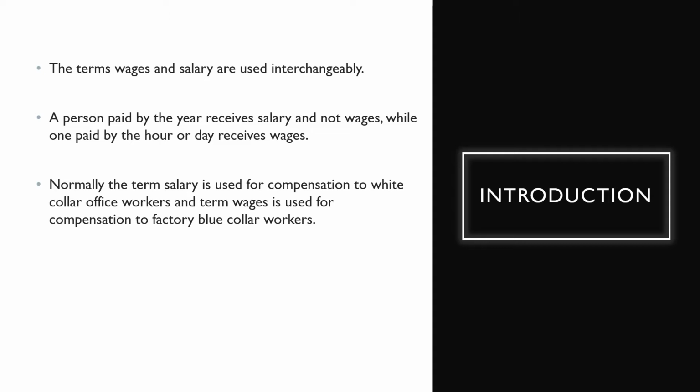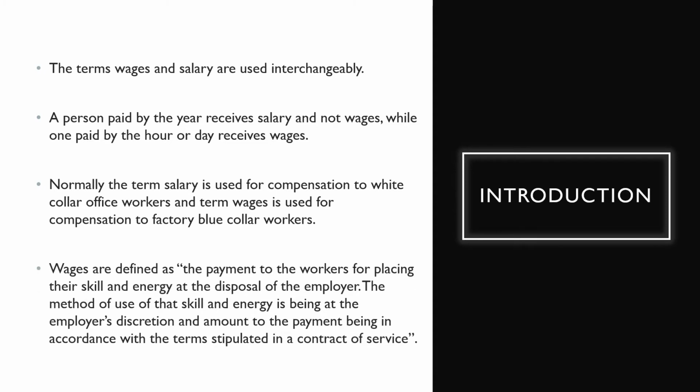For white collar office-going workers, we connect the word salary, whereas for blue collar workers who go to the factory, the word wages is generally attached. So there is a difference there, and that difference is also considered.